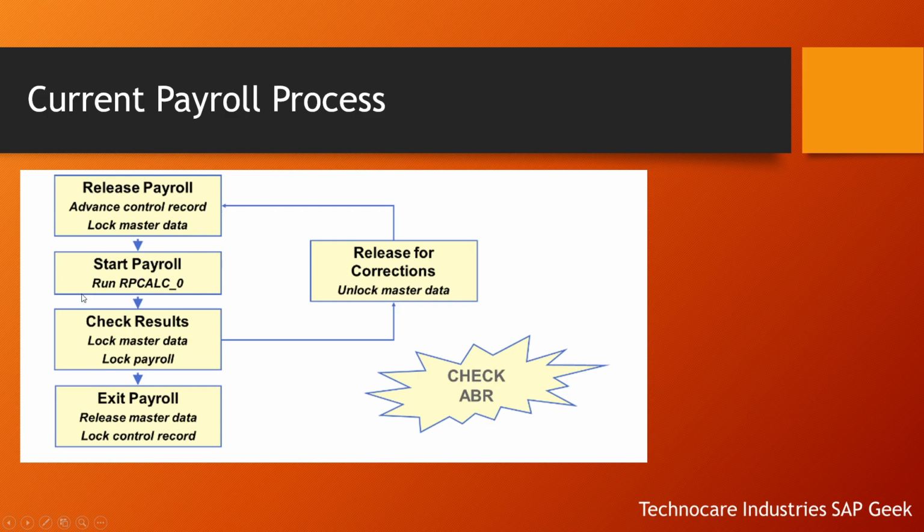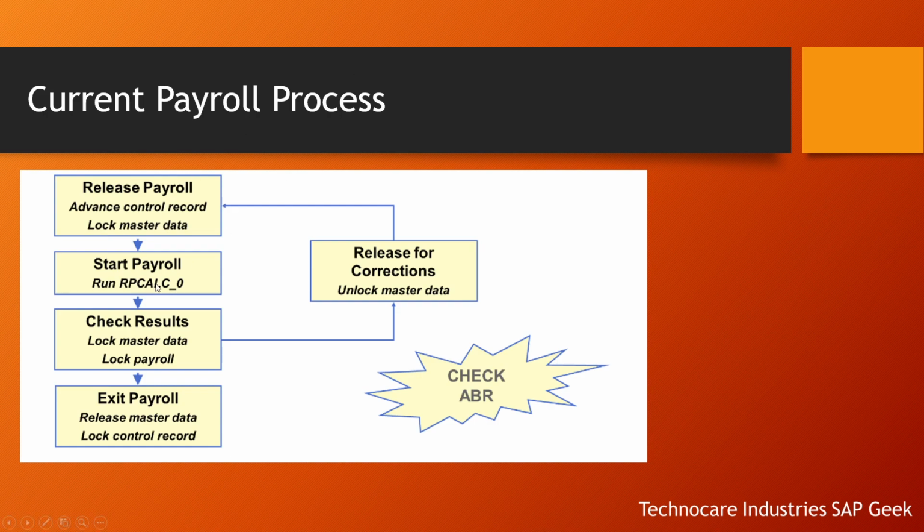Then the second step is starting the payroll, actually creating the productive runs which will create payroll results in the system. Then checking the results. While checking results, when the control record status is set to check results, again it locks the master data and payroll, which means lock simply means that when I release to payroll, the master data is locked, meaning I will not be able to do any master data changes.